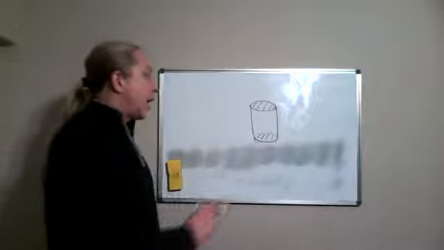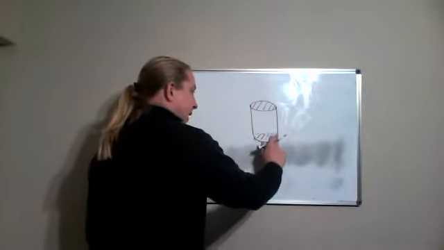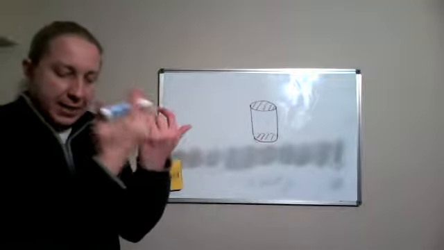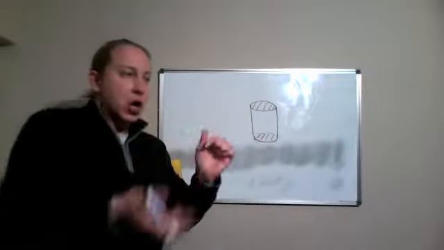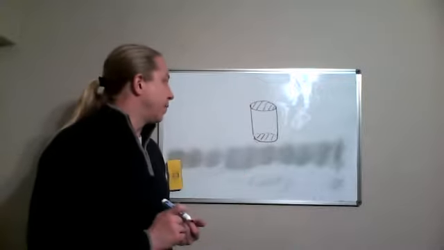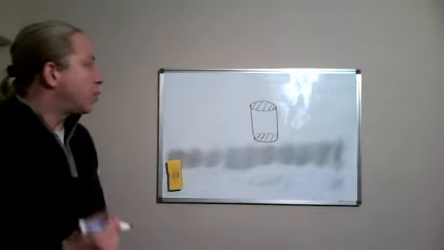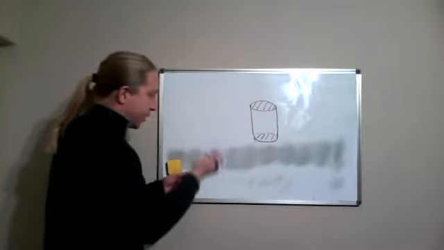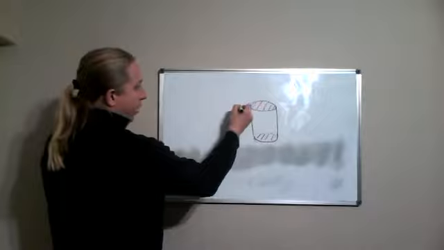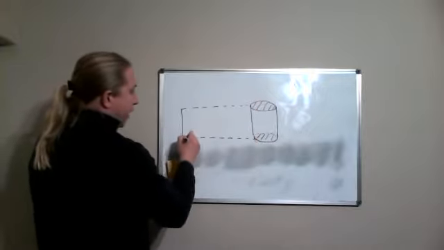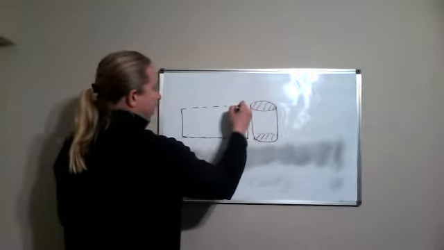Now, how do we work out the surface area of that entire round bit? If you think of a glass and you roll it out on the table, it's going to make a rectangle.